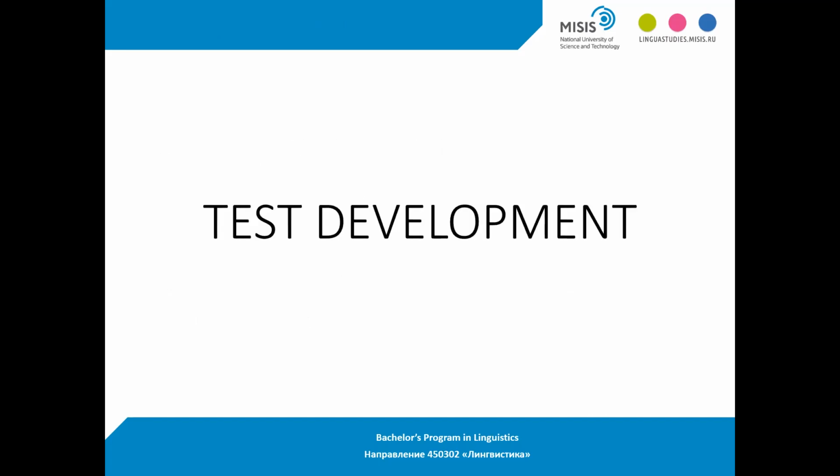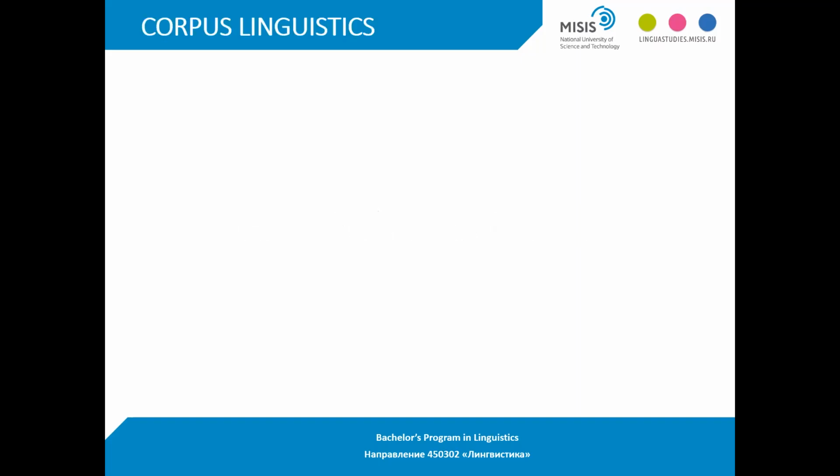So what is happening at the test development stage? First of all, corpus linguistics. Definitely you, as linguists, know what that is. Those corpora are huge databases of language. Any language we have.